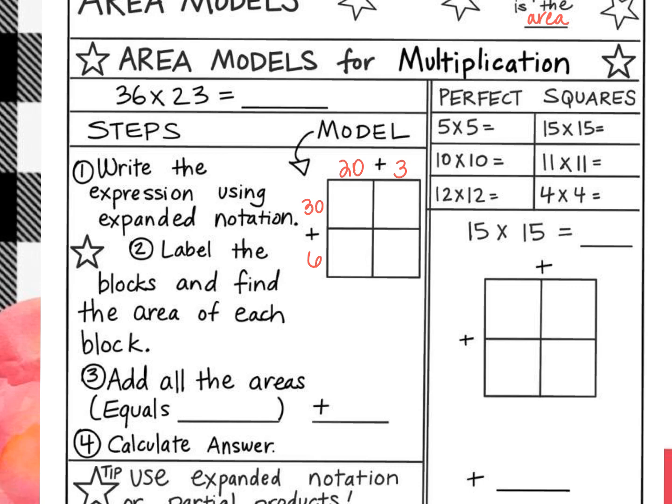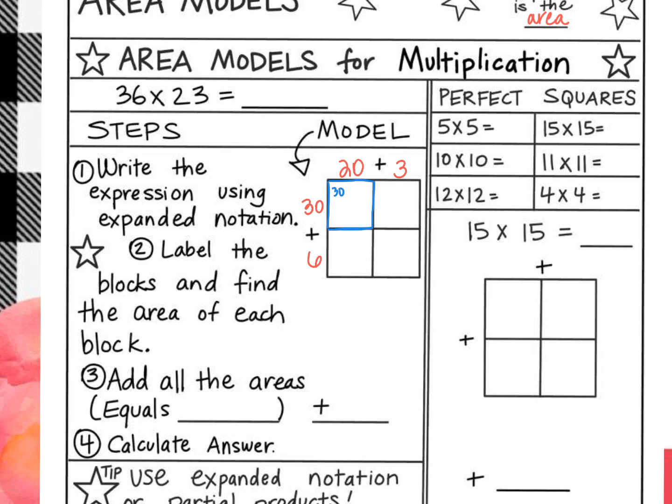Do you remember how to find area? Area of like a square or rectangle, do you know how to do that? Multiply them. Yeah, length times width, okay? So I'm going to find the area of each square. To find the area of this first square here, I'm going to multiply which two numbers? 30 and 20, very good.